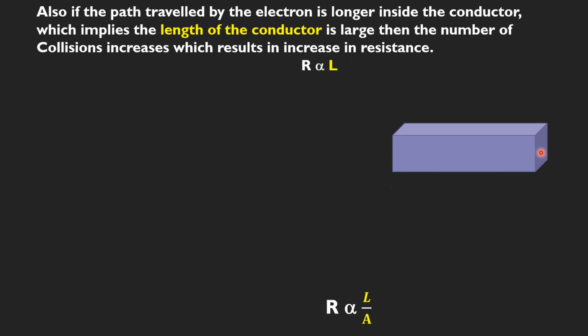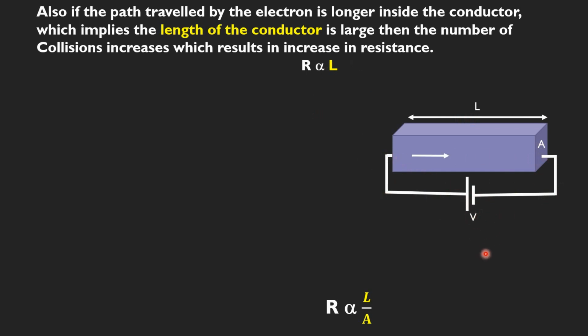Here we are going to have a conductor having length L and area of cross section A. Suppose this conductor is connected to a power supply, and the potential difference between the two ends of the conductor is V. Therefore, the current is flowing in this direction.